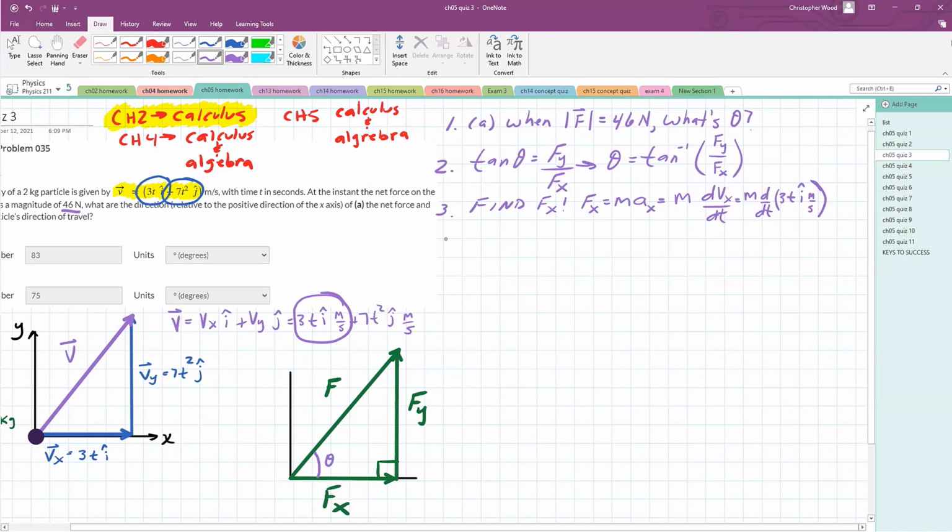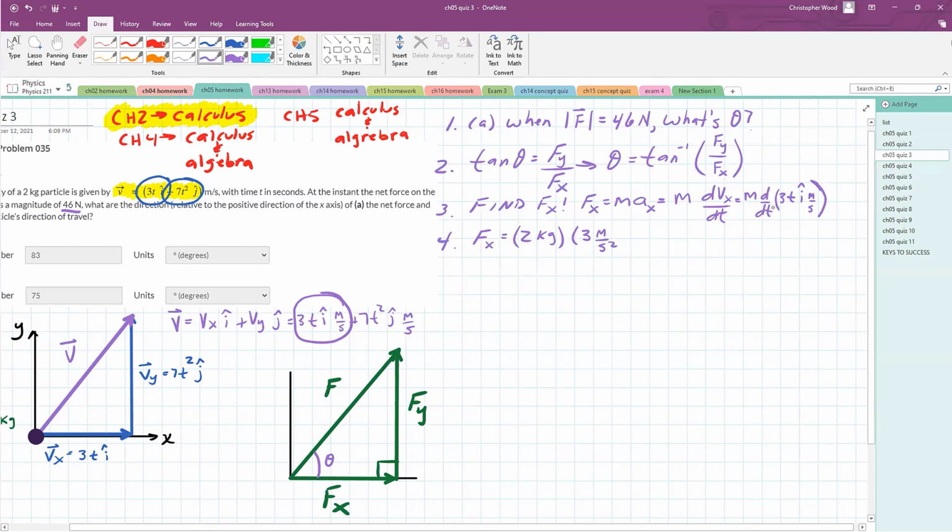Okay. So number 4. All right, so here's Fx. Fx equals mass, which for me is 2 kilograms, times the derivative of 3t i hat meters per second, which is just going to be 3 meters per second squared, because when I have a dt in the denominator, that adds a dimension of time.